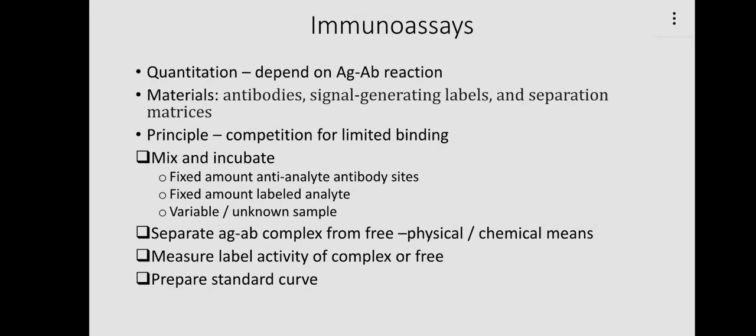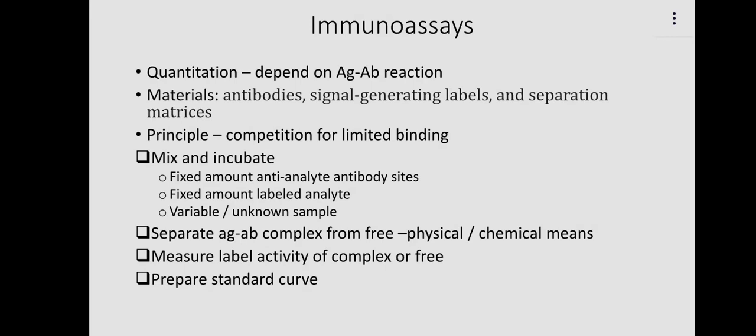So by definition, immunoassays are quantitative assays which depend on a reaction between an antigen and an antibody. So those tests which rely on this particular reaction are known as immunoassays.